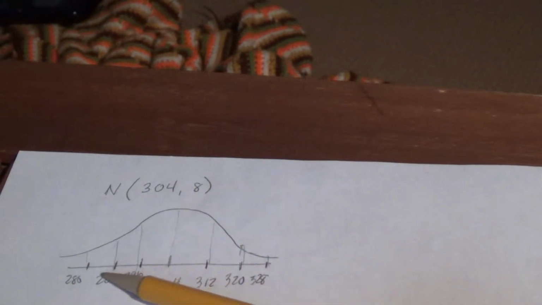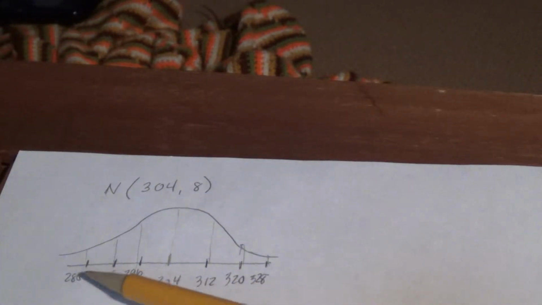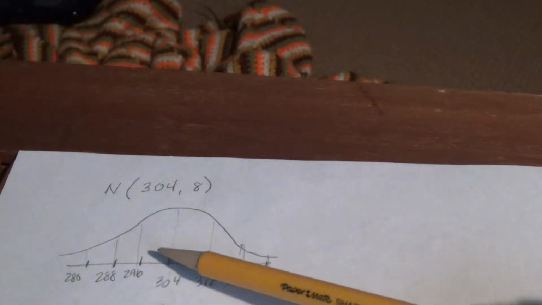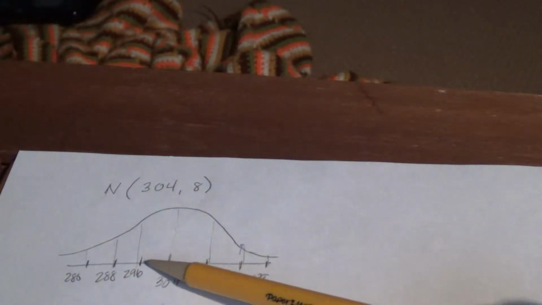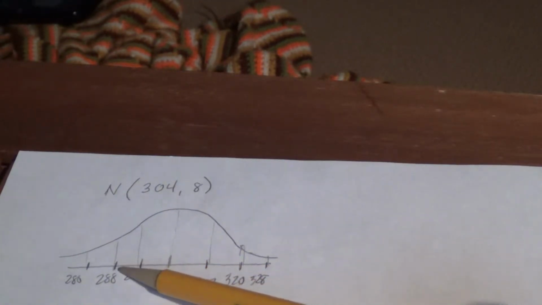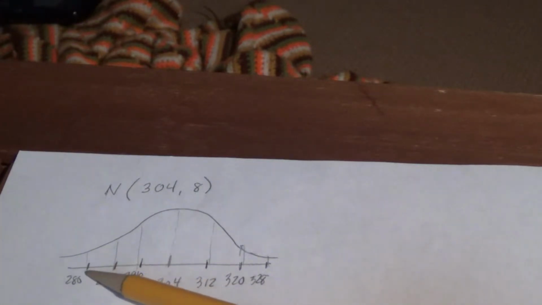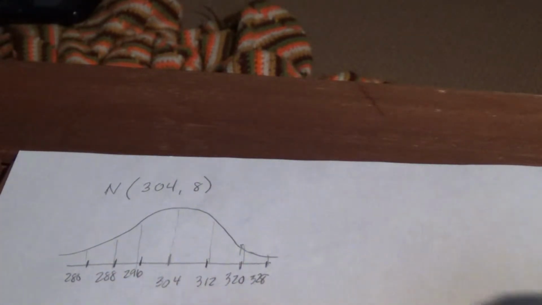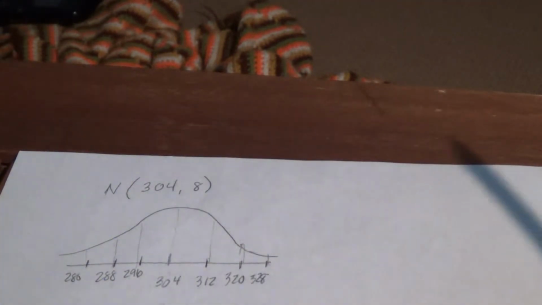It works in reverse on the other side, where I take 304 and subtract 8, and subtract 8 again, following the -1 standard deviation, -2 standard deviations, and -3 standard deviations from the mean. So the whole kit and caboodle is described by N(304, 8).